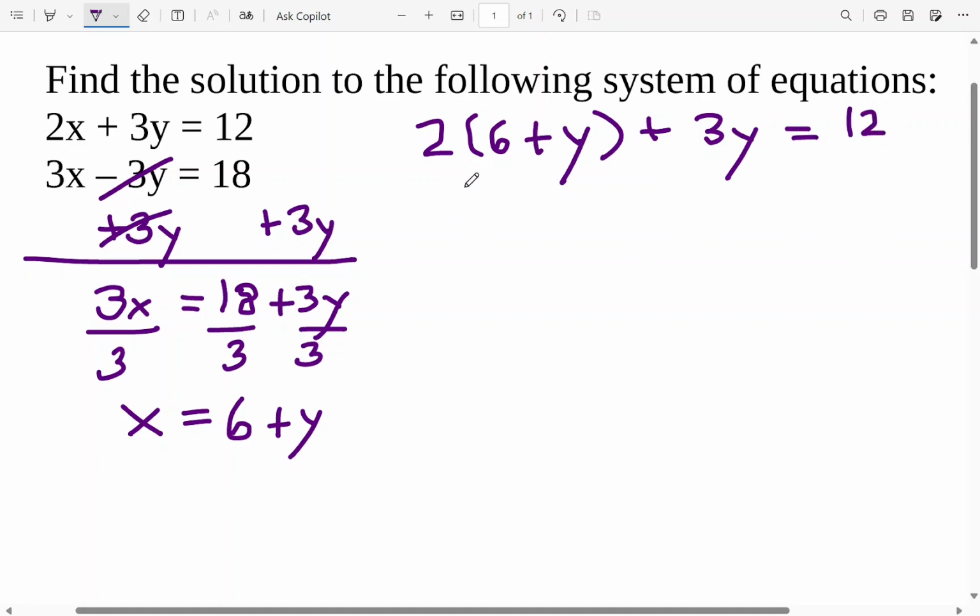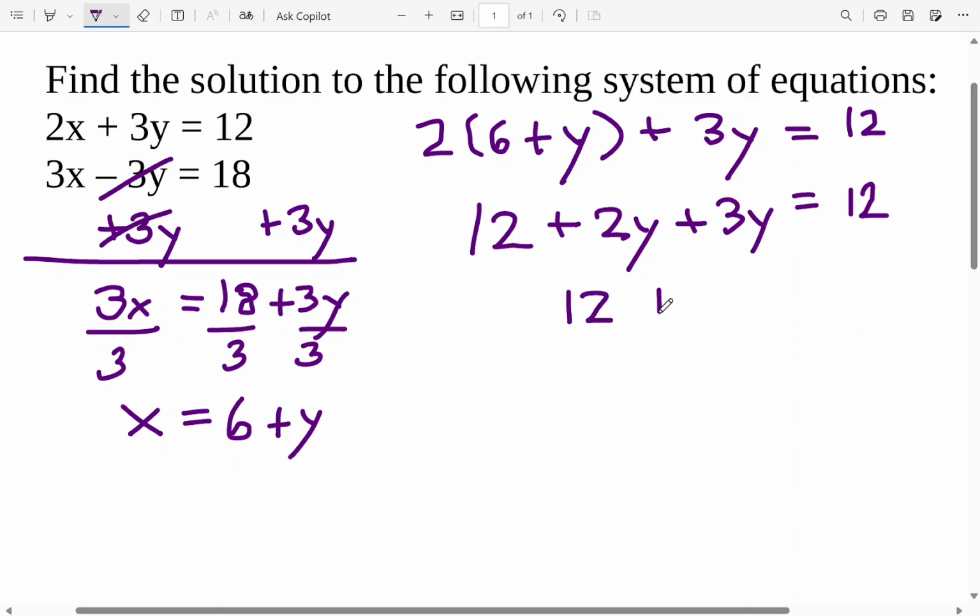So 2 times 6 is going to be 12, plus 2 times y is 2y, plus 3y equals 12. If we combine the y's, we get 12 plus 5y equals 12.